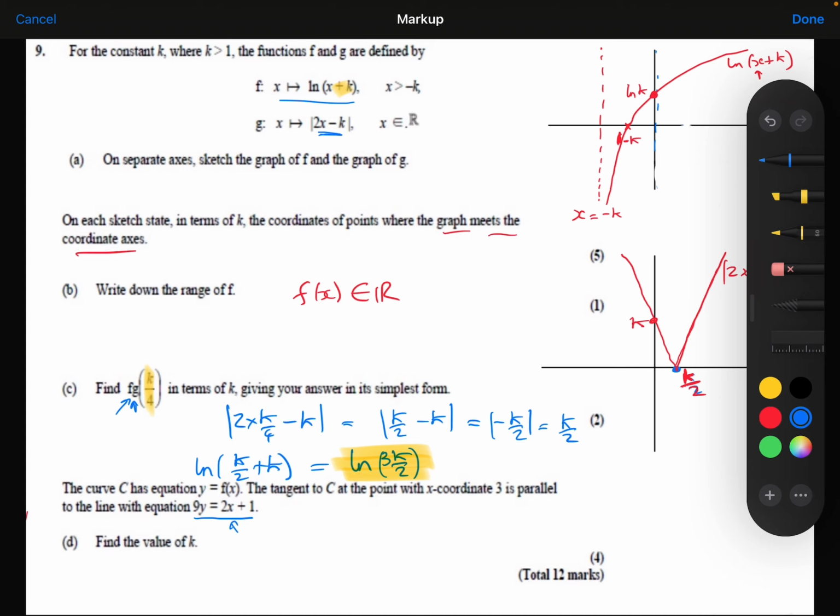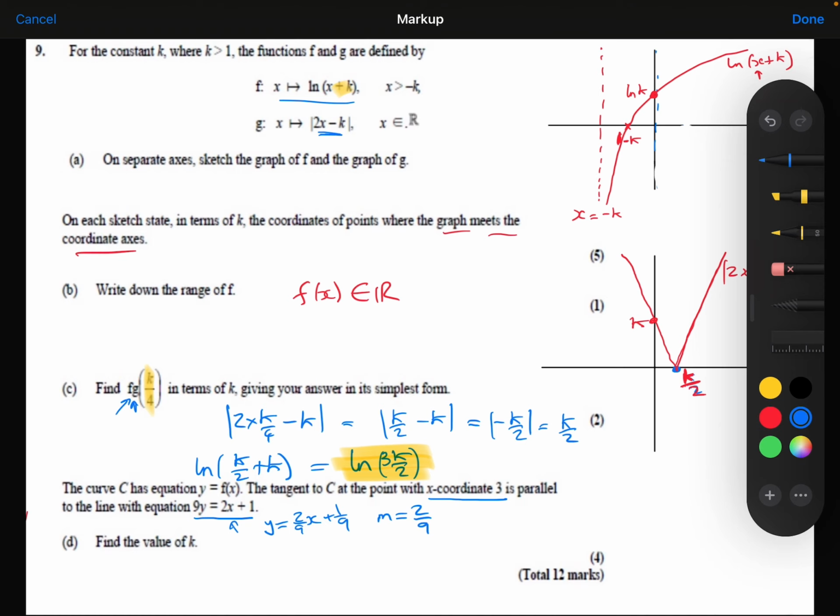So let's think, what's the gradient of this line? Let's rearrange, so divide both sides by 9. So the gradient of this line is 2/9, which means my tangent when x is 3 is going to have a gradient of 2/9.